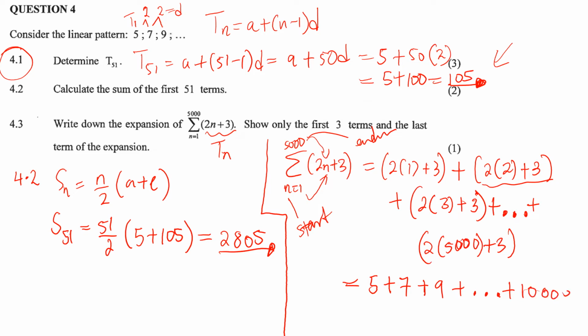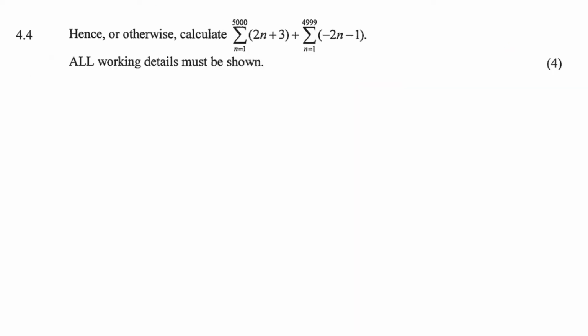So that is our last term. We have expanded our sum, showing the first 3 terms and also the last term. Let's lastly conclude with 4.4. It says hence or otherwise calculate that sum plus that sum.